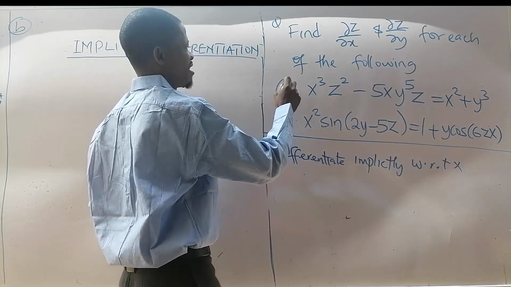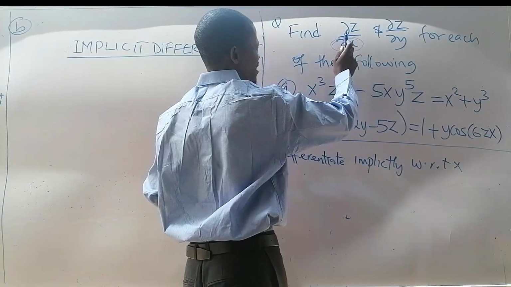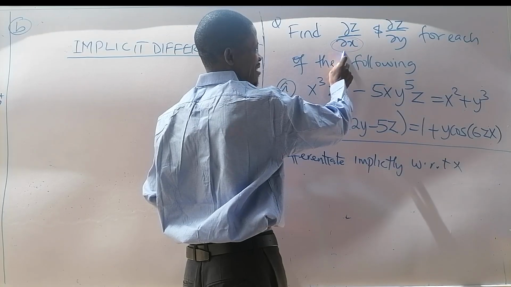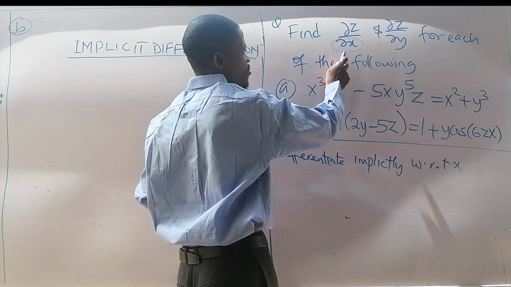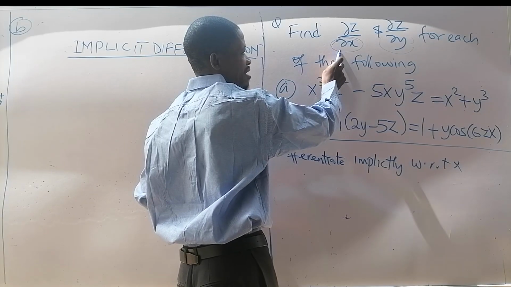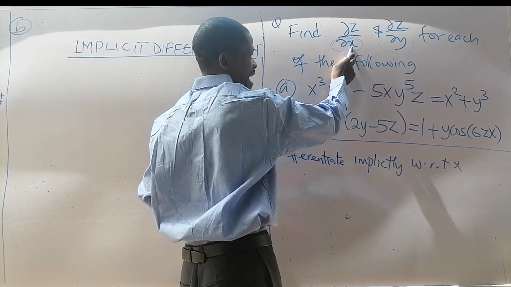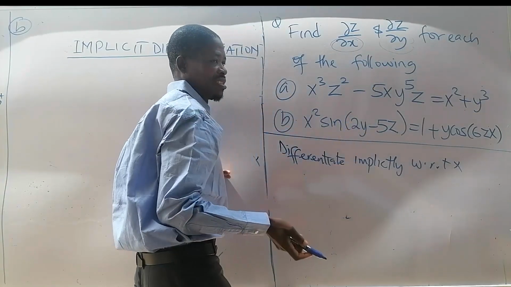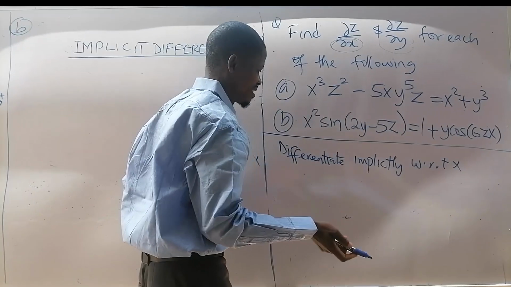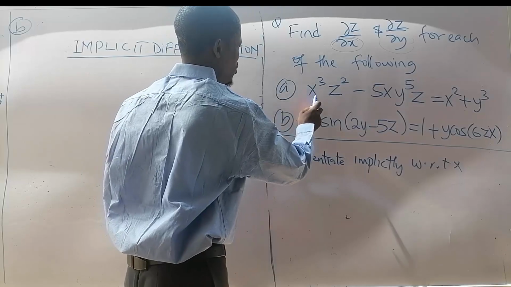What this means is that, if you look at what we are doing here, this is with respect to x, this is with respect to y. That means when you are focusing on the partial derivative with respect to x, y will be kept as a constant, and vice versa. So in this case now, this will be equal to what?